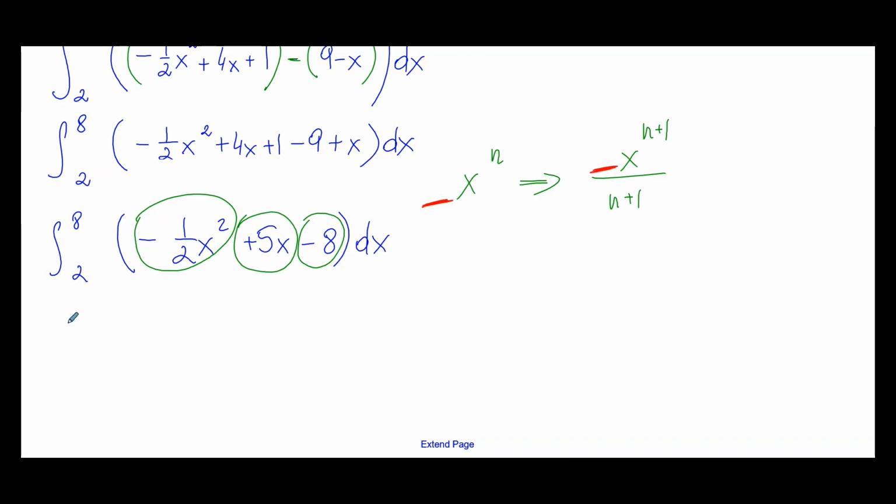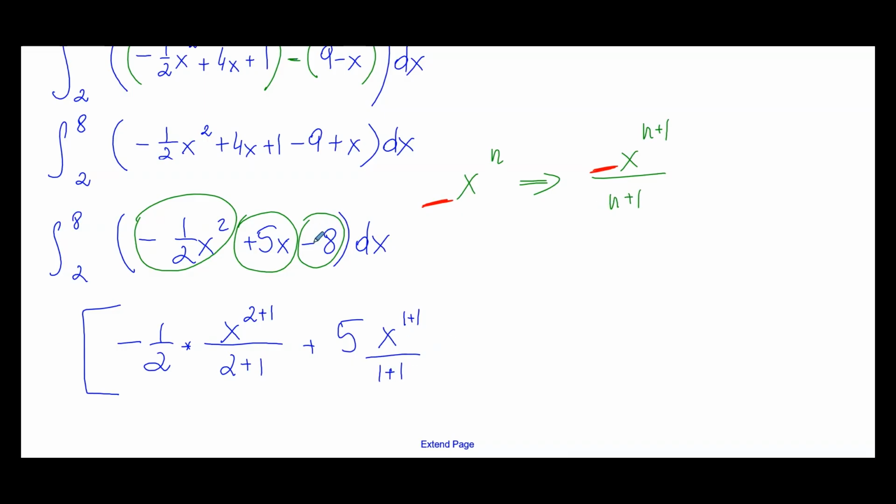So minus a half will cross over, multiply, and then our fraction x, so 2 is the power plus 1, divided by 2 plus 1, plus, and again, 5 will cross over, x with the power 1 plus 1, divided again by 1 plus 1.